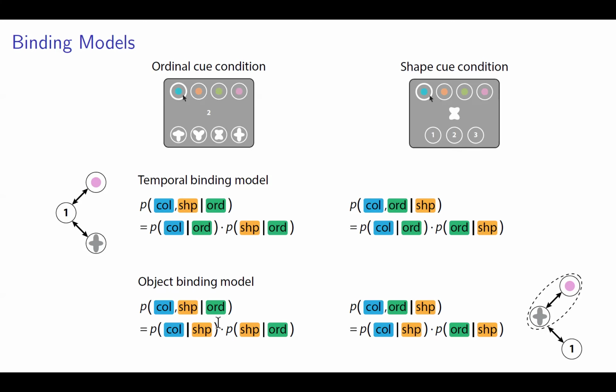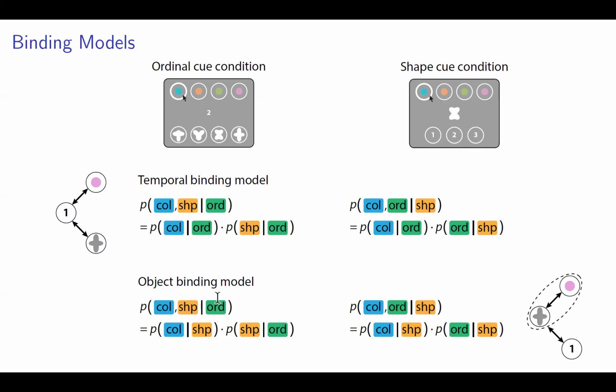Whereas here it's a bit hand-wavy, to be honest. You should see correlations. If you select an object based on the ordinal cue, then you should report both that object's color and its shape, so you should have correlated errors there. If you get the shape wrong, there should be a high probability that you get the color wrong as well, and that's reflected in this. So this behaves that way, although it doesn't necessarily implement an explicit object representation.